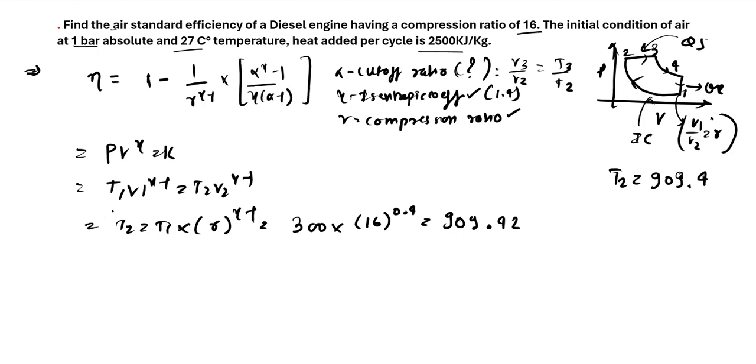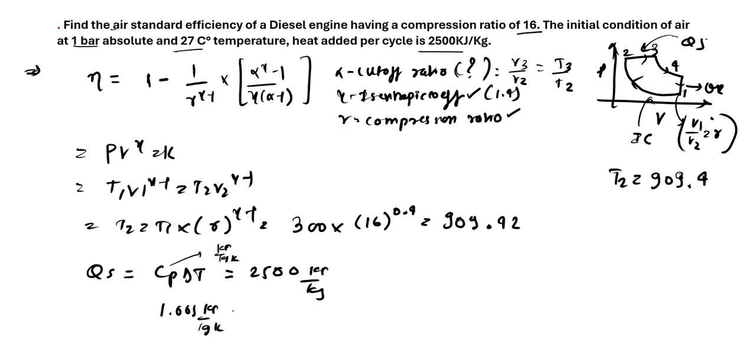And let us see how we can calculate the temperature at point 3 now. We have heat added at constant pressure, which is Cp delta T for the process between 2 to 3. So Cp delta T should be 2500 kilojoule per kg as given in the question. We also need to take the units of Cp as kilojoule per kg Kelvin. In that unit, the value of Cp for air is 1.005 kilojoule per kg Kelvin, into delta T, which is T3 minus T2, equal to 2500.